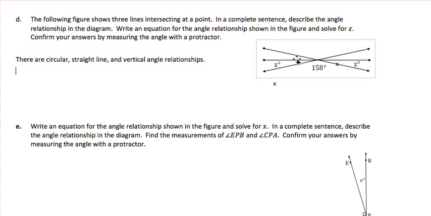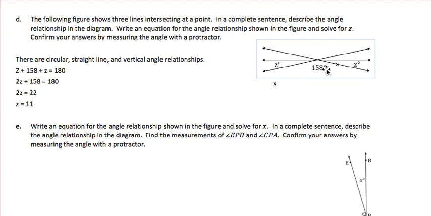But what I'm looking at is the straight line that contains these three angles, because this straight line will allow us to write this equation: z plus 158 plus z equals 180. Simplifying, we have 2z plus 158 equals 180, and it follows that 2z equals 22, and 1z would equal 11.